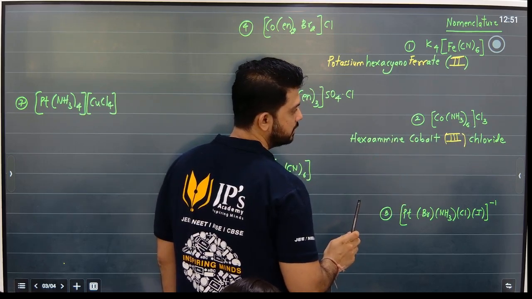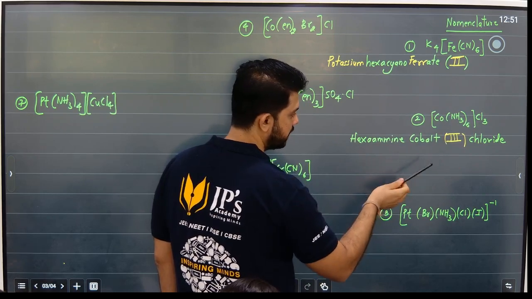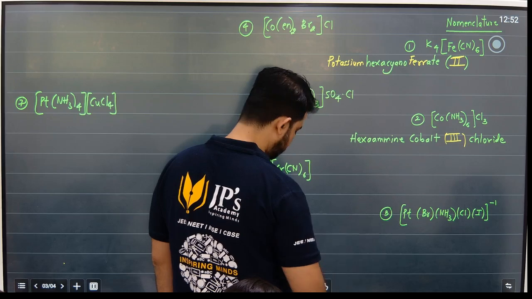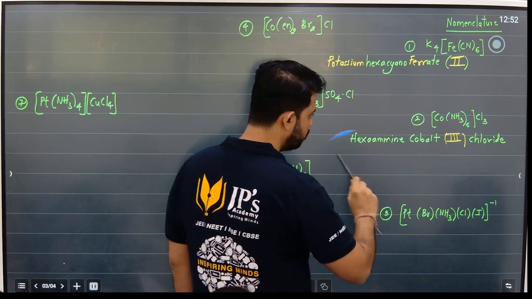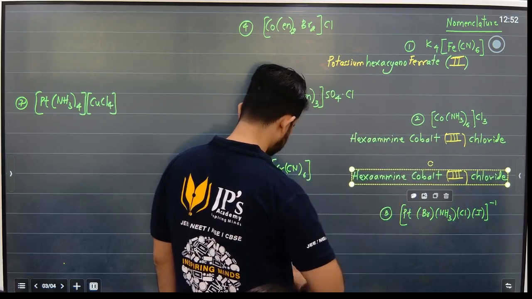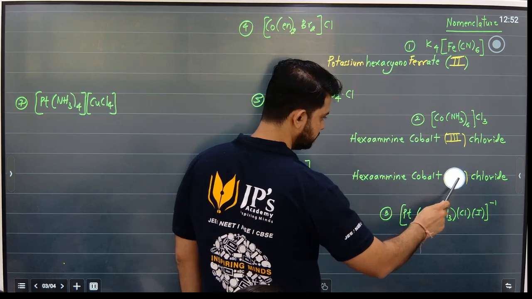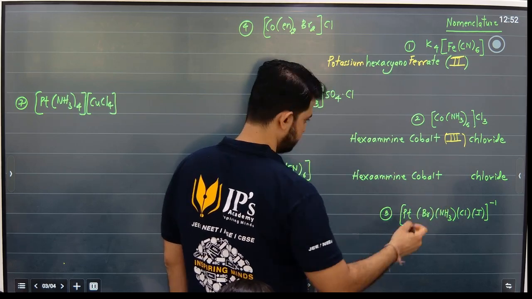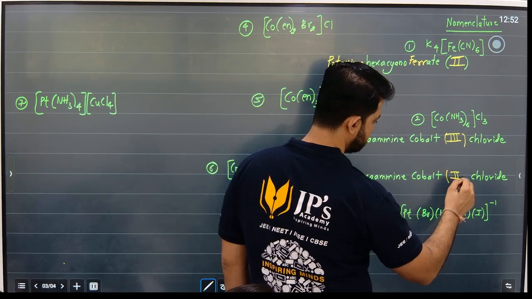See, the charge balances the ionizable part. Did you get that? If I had written hexaamminecobalt(II) chloride, give me the structure. What difference will you observe?